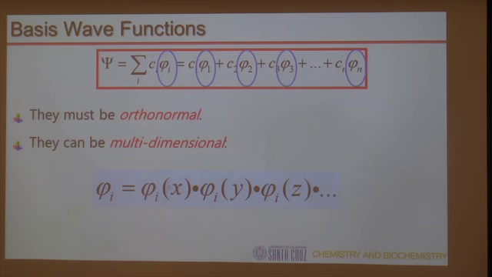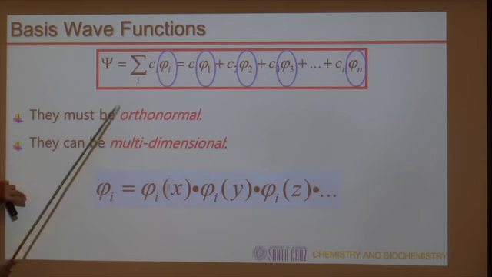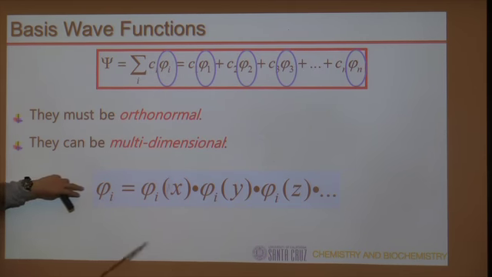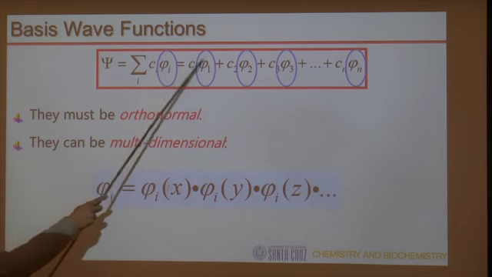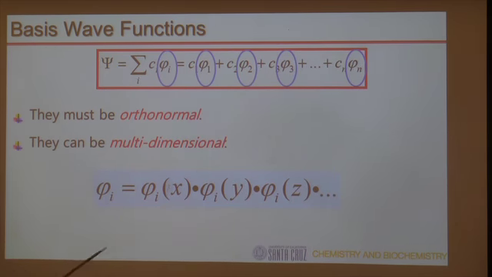I show this equation to make it clear that within a basis wave function, you can multiply them together if the basis wave function is multidimensional. But for the total wave function, you need to add them together. It's actually a summation. So multiplication and summation have different locations here.